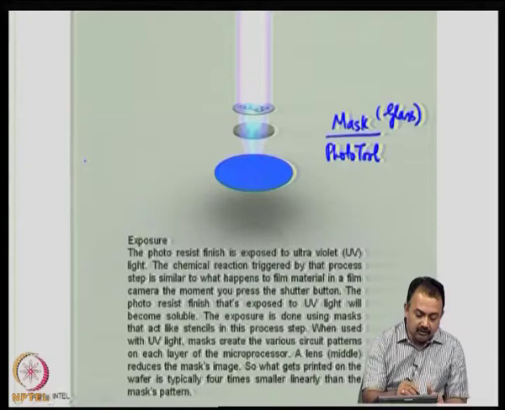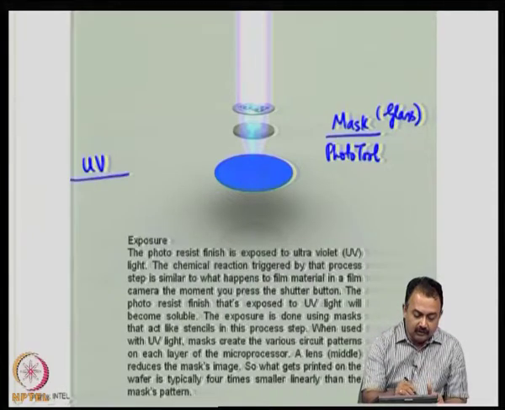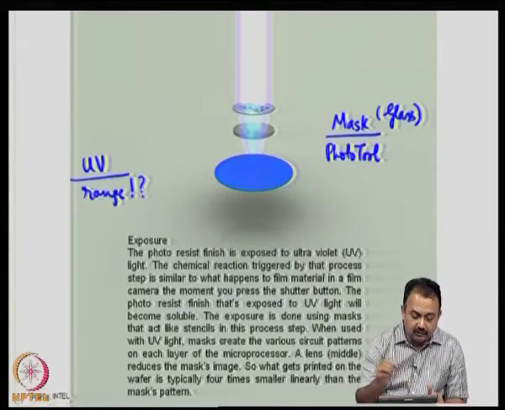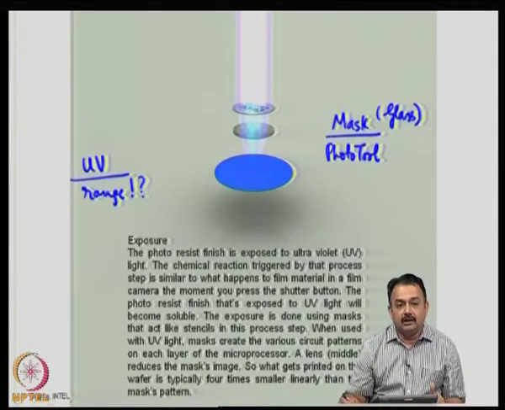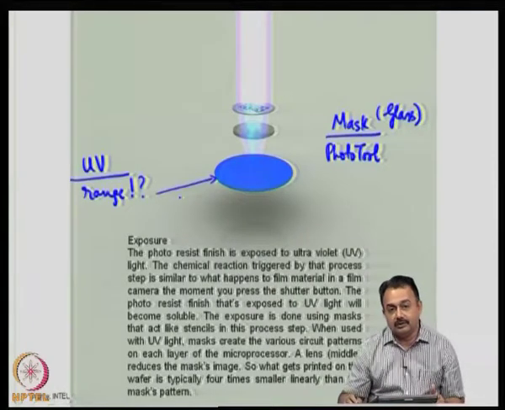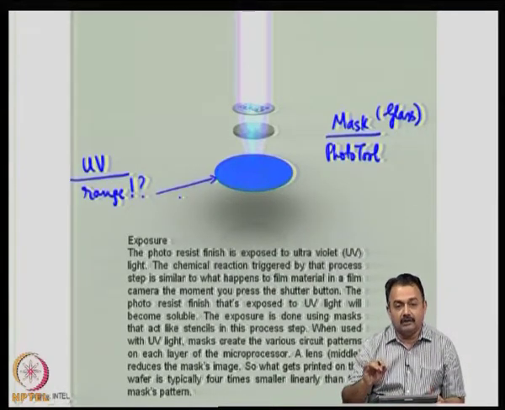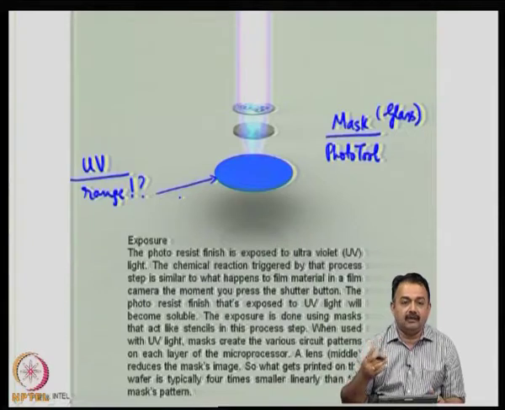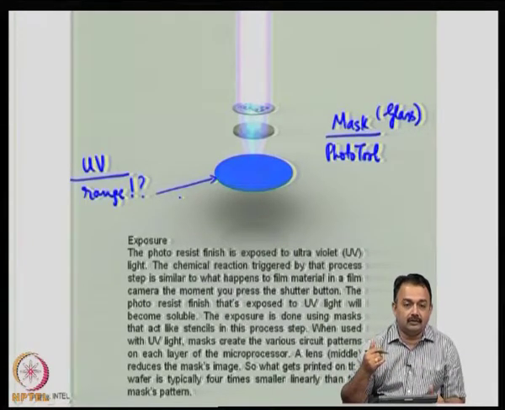Typically, as I said, you are going to use UV light. Now, we are going to see what range in the spectrum you are going to use. That depends on the material that you are going to use. This is not standard. So, initially you have to look at the material, look at the compatibility of the frequency or the wavelength of the UV light that you are using, and do some trial and error experiments.